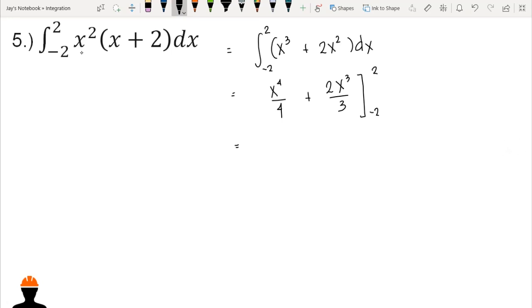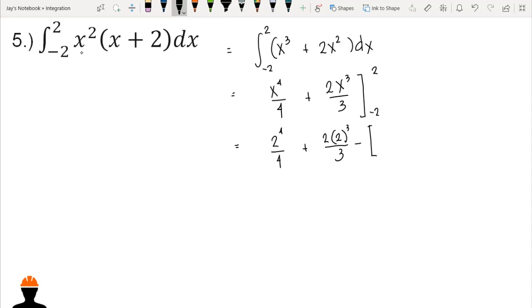So in this case, we substitute first the upper limit, that is 2 raised to the 4 over 4 plus 2 times 2 raised to the 3 over 3, then minus, substitute the lower limit, but don't forget the bracket, so that later on this negative sign here will be distributed inside the bracket.